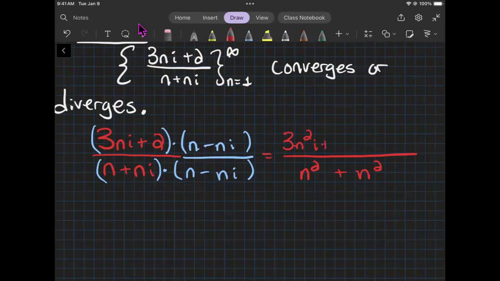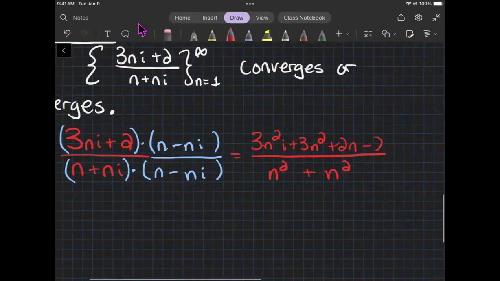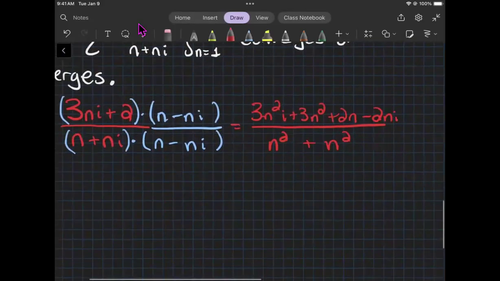We'll have a plus 3n squared from those two terms, and we'll have plus 2n from the inside terms. And then the last term would be minus 2n times i.